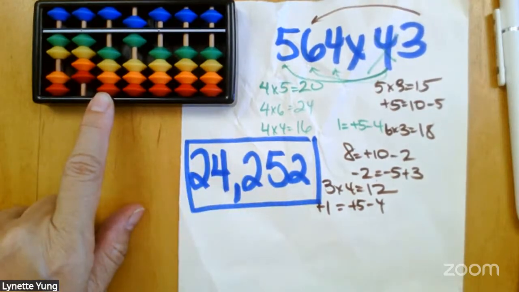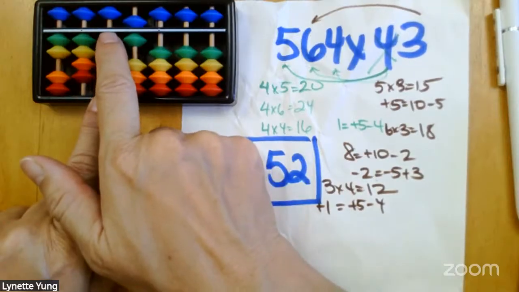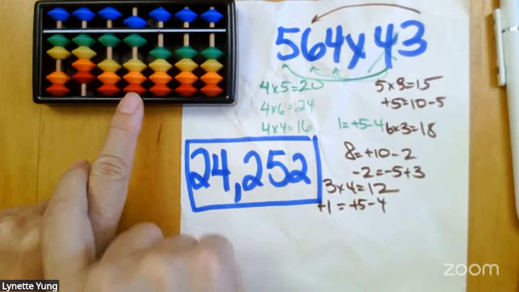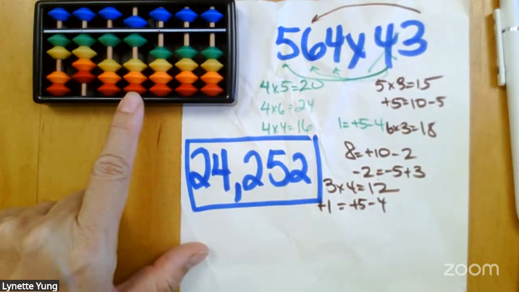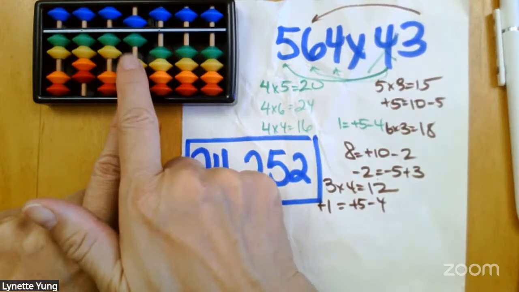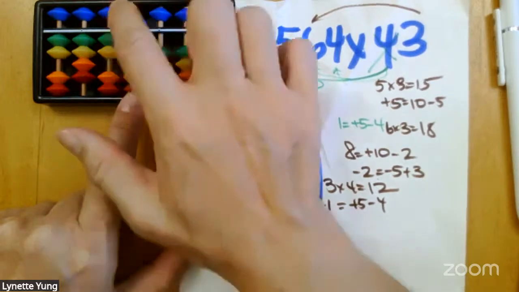Then you have 3 times 6, which is 18. So you have plus the 1, plus the 8. How do you plus 8 here? You have to plus the 10, minus the 2. Minus the 2, you have to minus the 5 plus the 3.